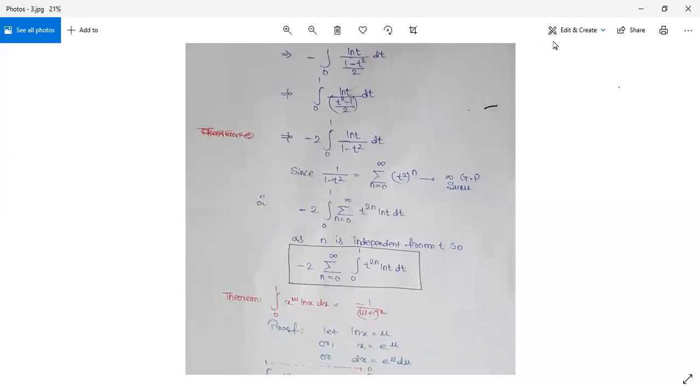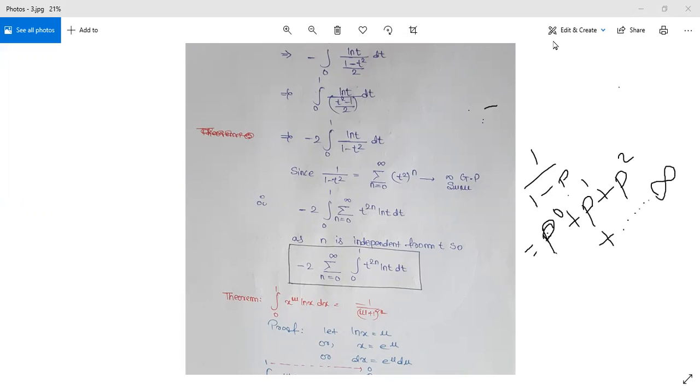Now, we all know that 1 divided by 1 minus t square can also be represented as an infinite GP sum, from n equals 0 to infinity of t square to the power of n, because when we have any expression in the form of 1 divided by 1 minus p, we can write it as p to the power of 0 plus p to the power of 1 plus p to the power of 2, and so on up to infinity.